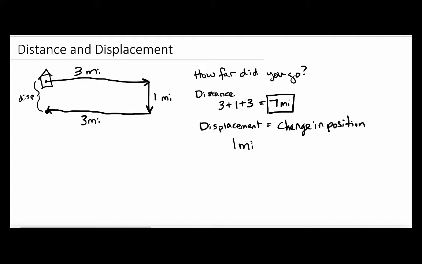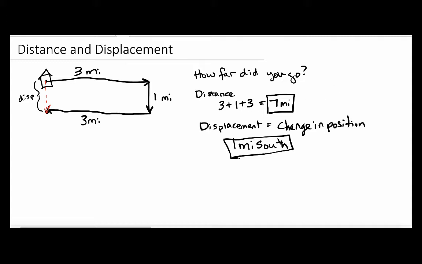And I can actually say that I'm 1 mile south of where I started. So my position started here, it ended here, and so I've actually only moved 1 mile south of my starting place.